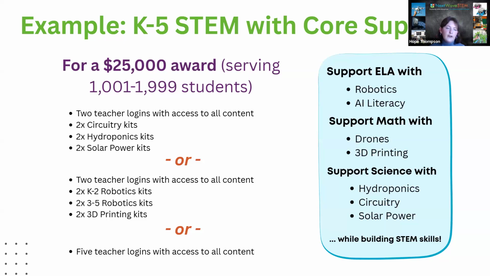You could use that $25,000 award for 5 different teacher logins and immediately start implementing those equipment-free programs, AI, game design, drone simulator. Right away, your students can have access to those courses and start implementing without any materials just yet.